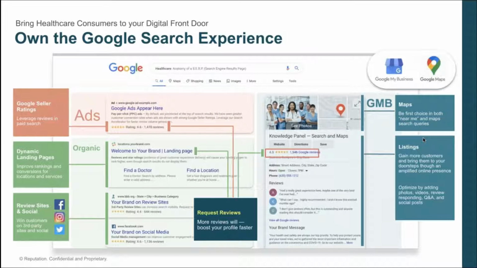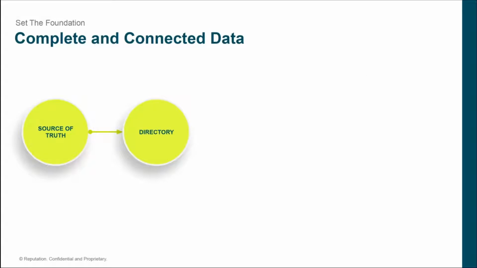There are Google ads. There's these dynamic landing pages, your landing pages, the pages that you have embedded your HRAs on. So it starts with the data, and unfortunately, it's the challenging work of all of this, but it is really foundational.